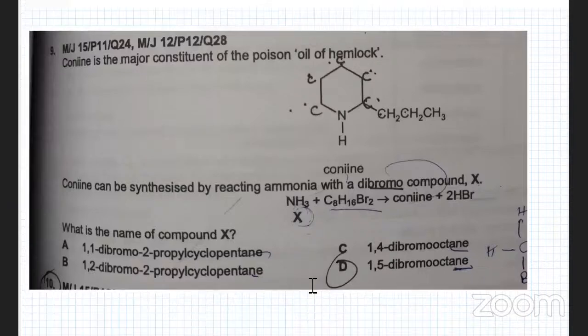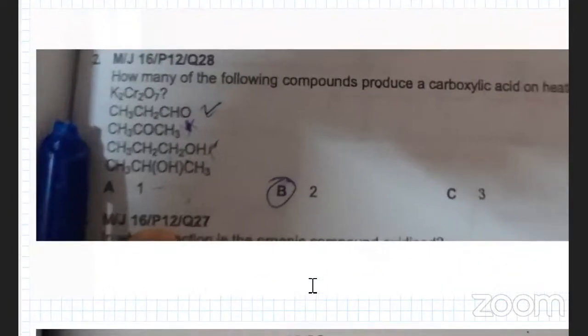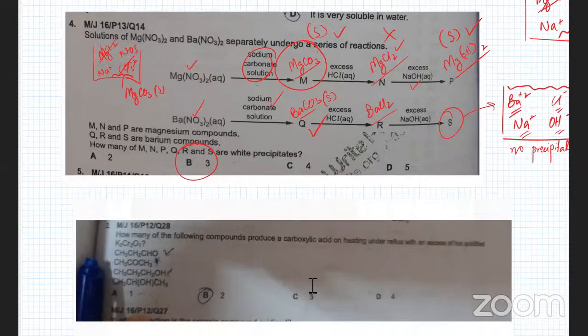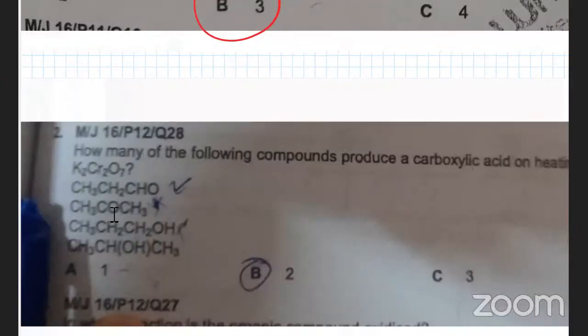Is this clear? Sir, for the last question, what is the second one you chose, other than the aldehyde? You're talking about this one. The second one is a ketone.